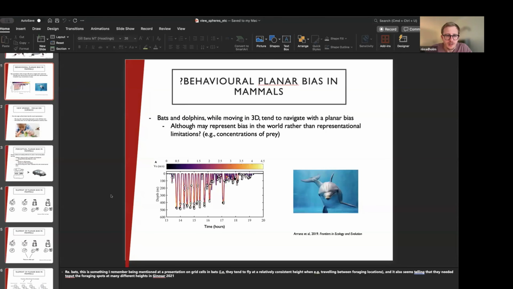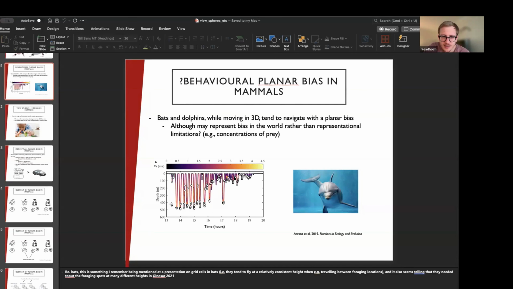I remember when looking into this a while back, there was at least some evidence that animals, even animals that move in 3D, tend to have a planar bias in how they move. If you look at dolphins, this is showing depth of dolphins where they dive.